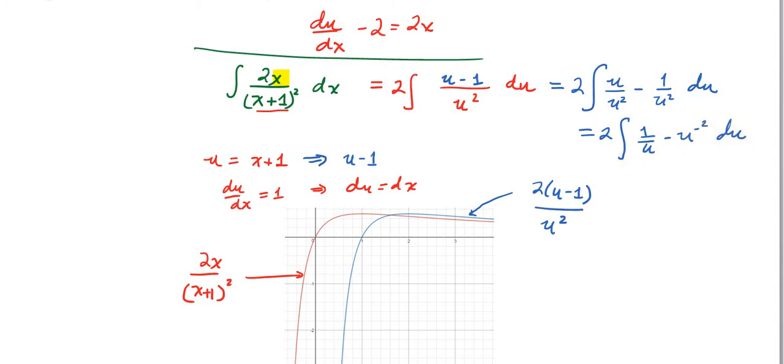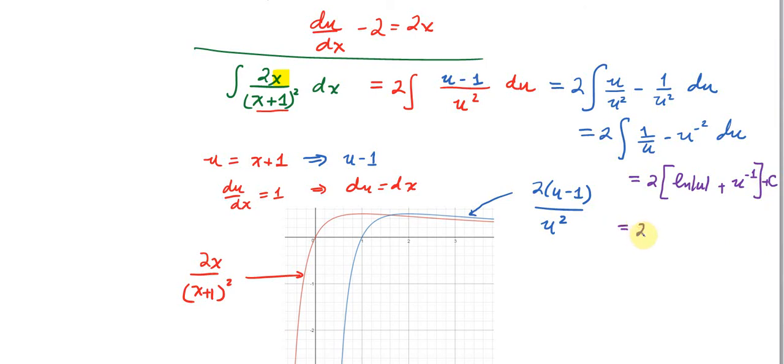And so this will become 2 times the natural log of the absolute value of u, minus the antiderivative of u to the negative second, which is u to the negative first divided by negative 1, so that makes this a positive again. All of this plus our constant.